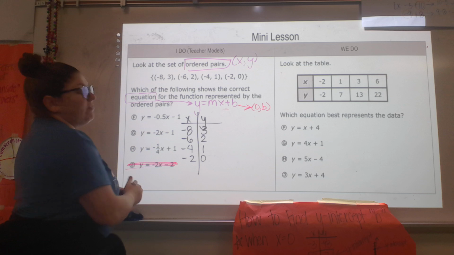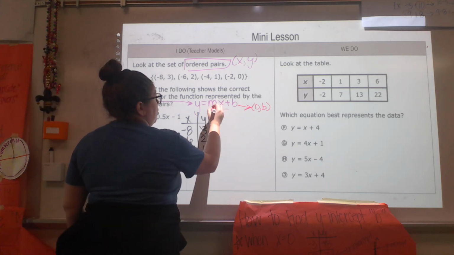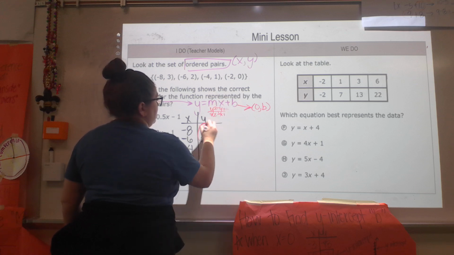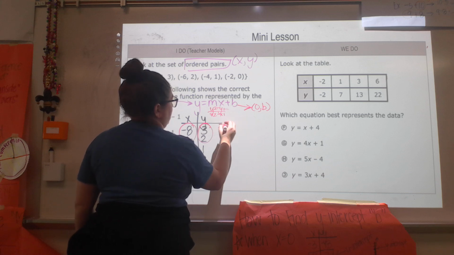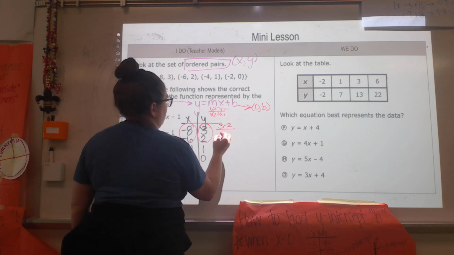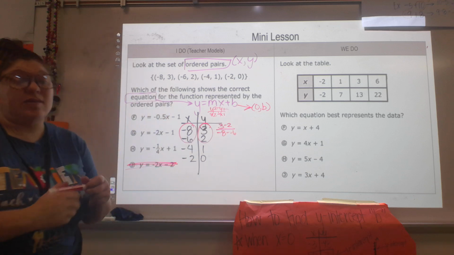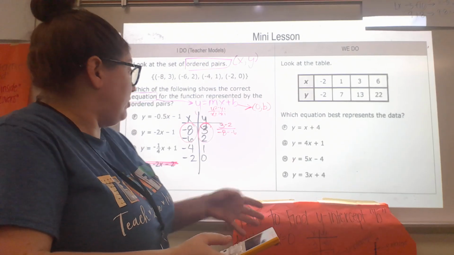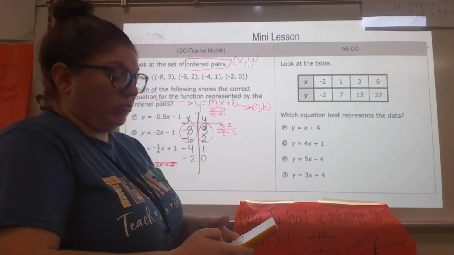So let's go ahead and find our slope. Remember, slope is y2 minus y1 over x2 minus x1. So we can do 3 minus 2 over negative 8 minus negative 6. It does not matter which one you use as your x2 or your y2, as long as you put it in the right spots.